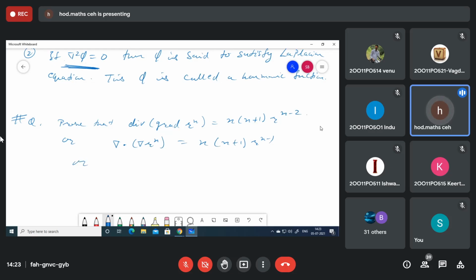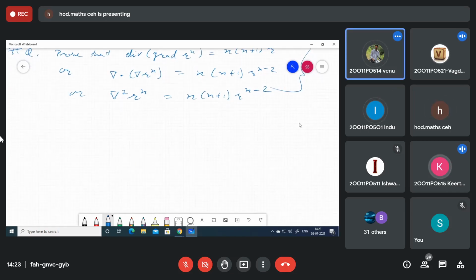Or the same question I can write as del square r to the power n is equal to n into n plus 1 into r to the power n minus 2. All these three mean the same problem only. Okay? Got it, all of you? Yes, ma'am.